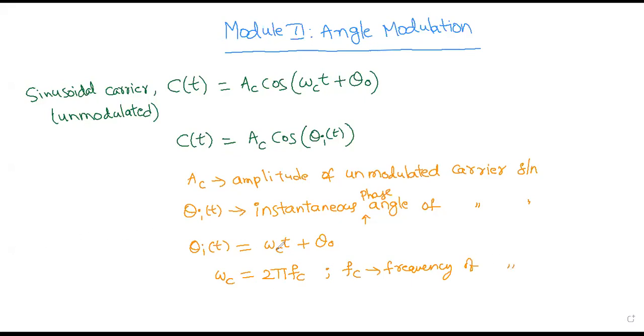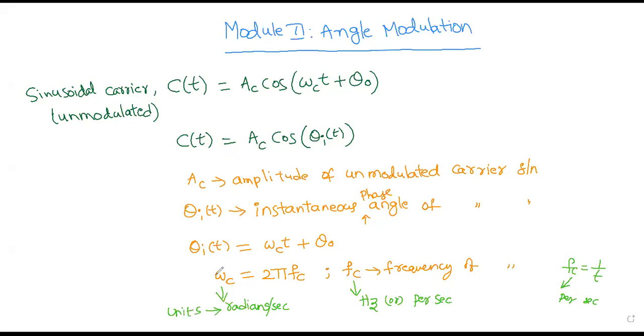What are the units of omega_c and f_c? Omega_c units are radians per second, and f_c units are hertz, or per second. Because f_c is equal to 1 by time, the units of f_c will be per second.